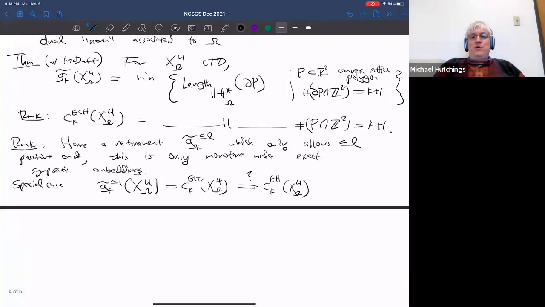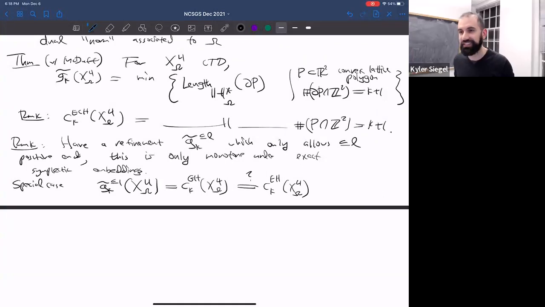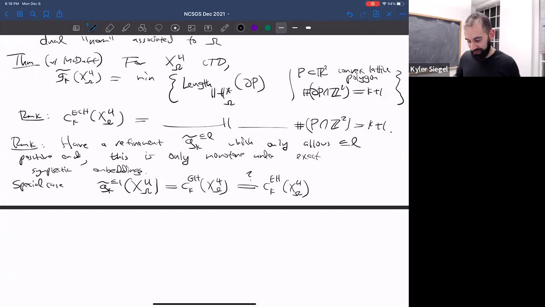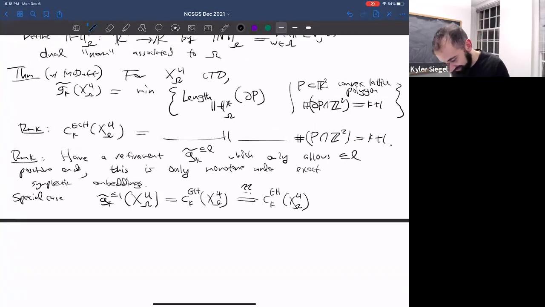I know people who claim to have a paper in progress on this. I'm not one of the authors, so I shouldn't say who they are in case they are not ready to announce this publicly yet. Anyways, just to be safe, we'll put a question mark here, but maybe this will be a theorem at some point.